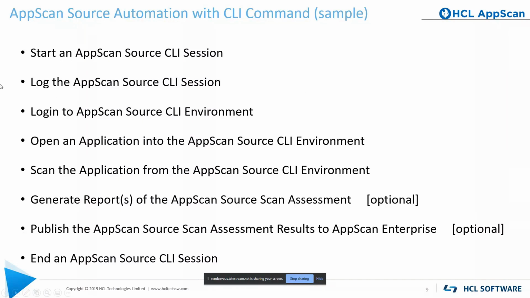So what we have to do is create a script, start AppScan Source, log into the system, select the CLI environment, open the application, scan the application, then generate the report. And if you want to publish the scan result into AppScan Source, then publish it, and then finish the AppScan Source CLI session, which means the automation session is done.